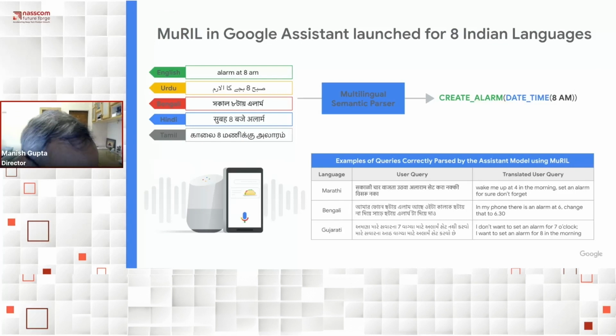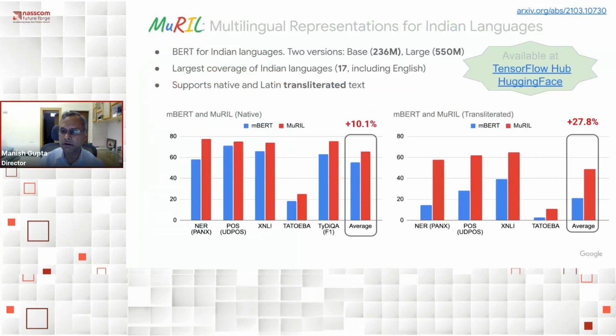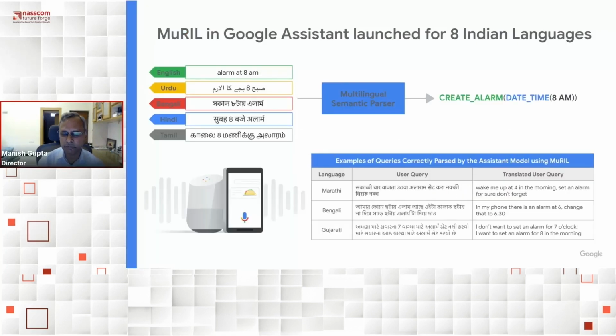We made this model freely available on TensorFlow Hub and also Hugging Face, and we utilize this model in our own products like the Google Assistant, which supports 8 Indian languages in addition to English. What I've shown here are examples of setting an alarm.